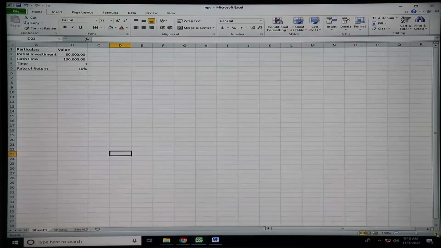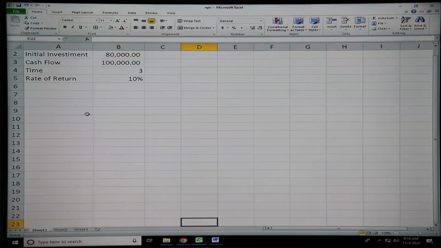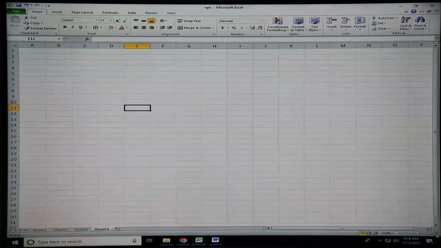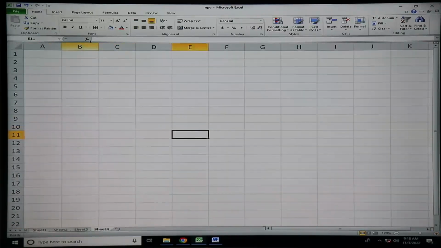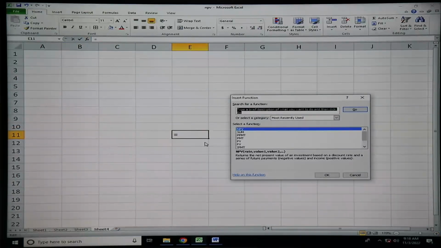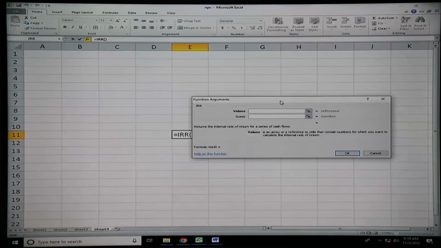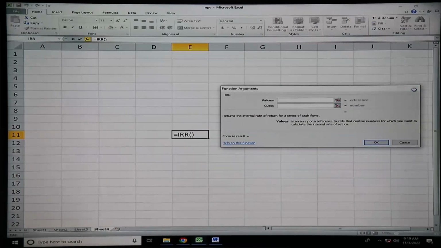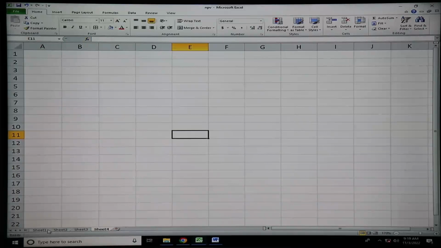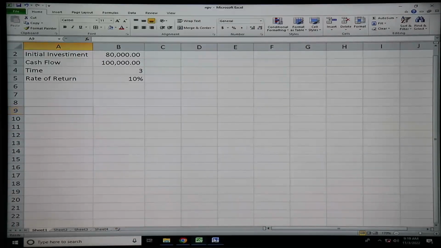If I'm using a blank worksheet here and you click insert function, then search IRR, it will give you that function: it returns the internal rate of return for a series of cash flows.